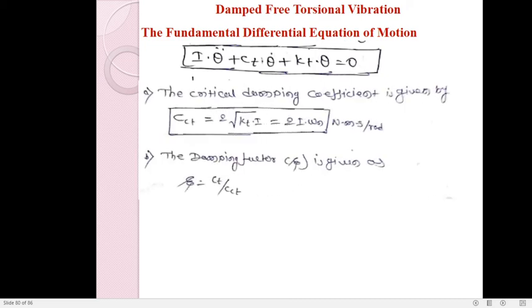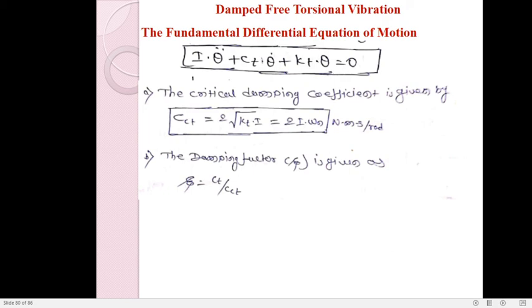Now, the critical damping coefficient for such cases, torsional vibrations, can be written as CCT. This is the symbol used. Instead of CC, we will use CCT, where T indicates that it is a case of torsional vibrations. It can be found as 2 into square root of Kt into I, or it is equal to 2I into omega n, where omega n is the natural frequency of undamped free vibrations.